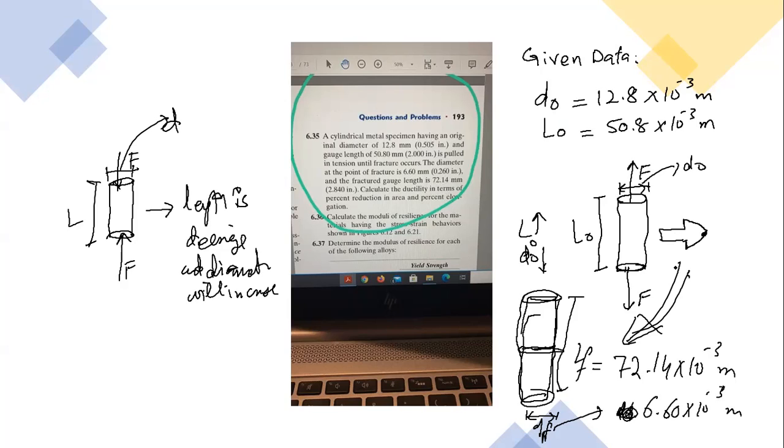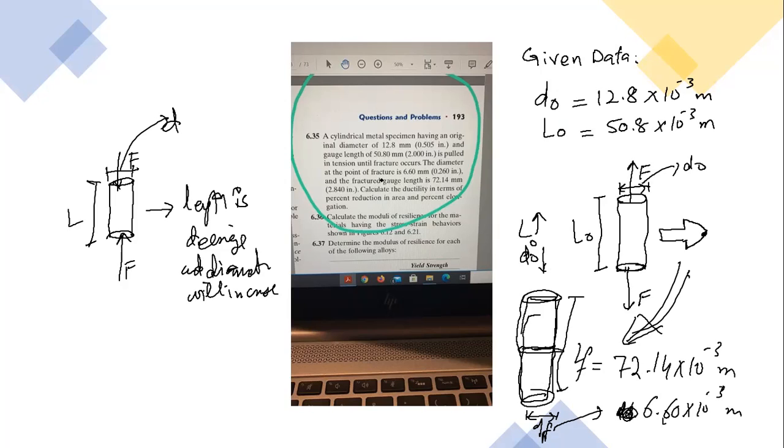So you see that from 50.8 the length goes to 72.14, and from 12.8 the diameter goes to 6.60. So it means that the diameter decreased and the length increased.